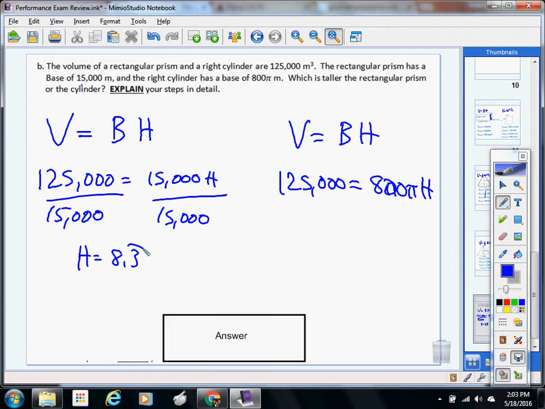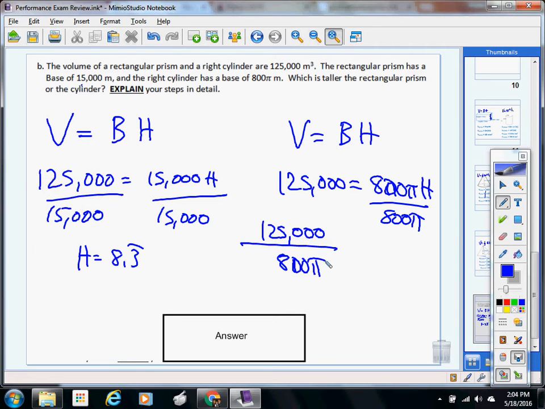Okay, over here is the one I'm worried about. The reason I'm worried about this one is because I think this is what causes us problems with standardized tests in our situation. We don't get that there is a way to use those calculators, and you have to be very careful with how you go about using it. Divide 125,000 divided by 800 pi and see what answer you get.